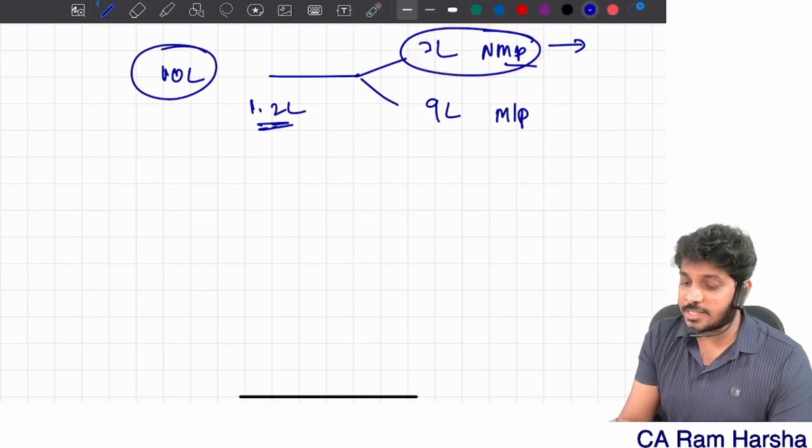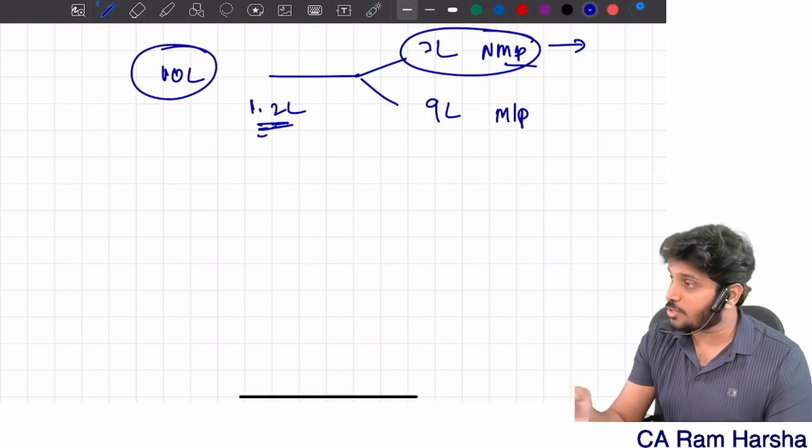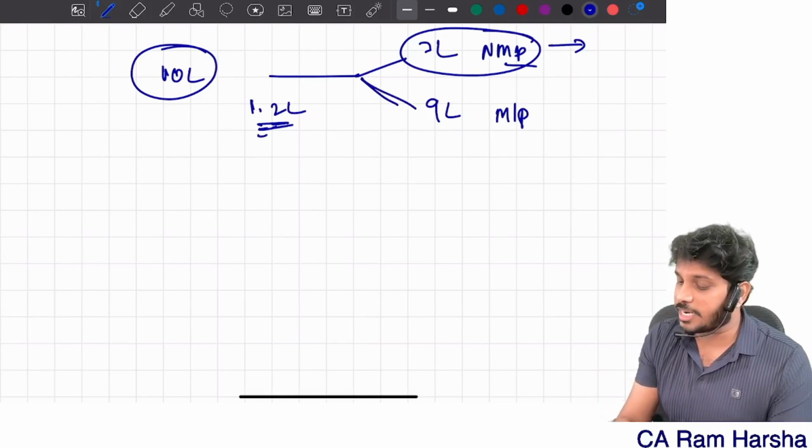Now, for 10 lakhs worth of salary, the tax is 1.2 lakhs. Out of this 10 lakhs, 3 lakhs is non-monetary and 7 lakhs is the others.